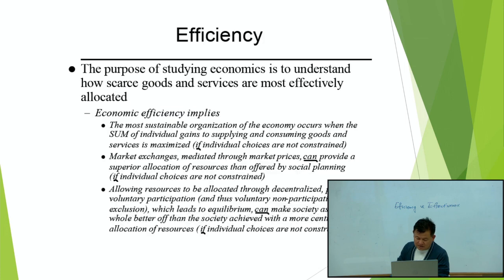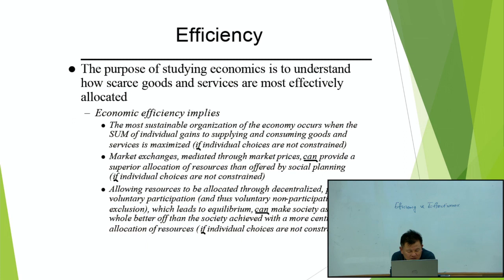Also, the other concept of economics we think about is efficiency. Efficiency is related to rational behavior, as I said. The purpose of studying economics is to understand how scarce goods and services are most effectively allocated. But we have very limited resources.